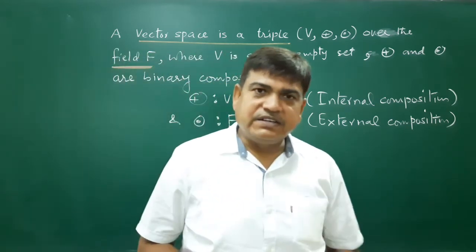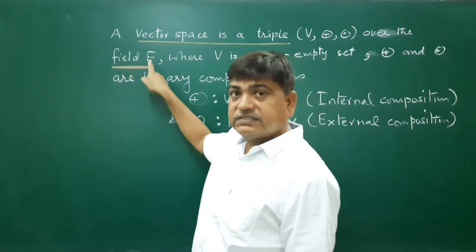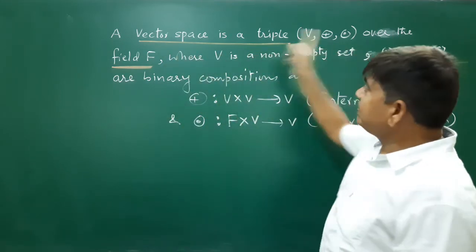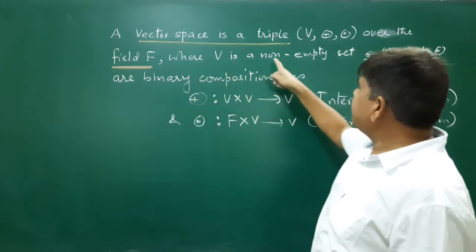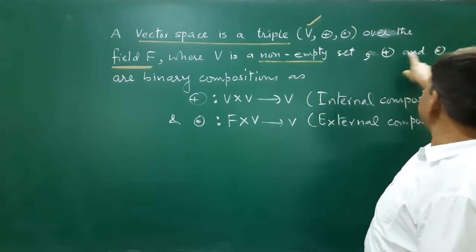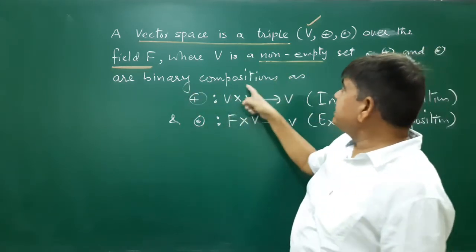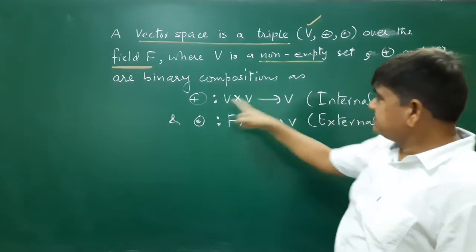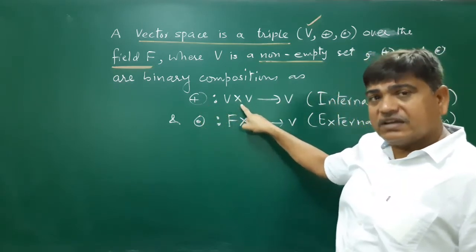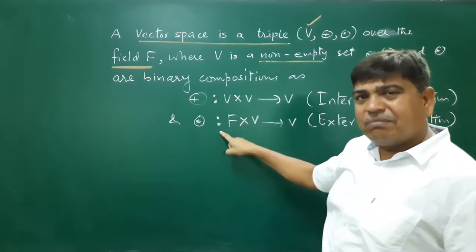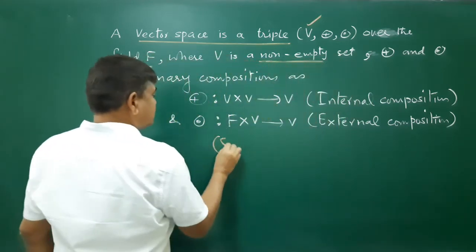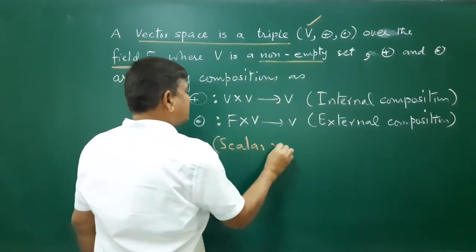We have already defined field. Okay, so a vector space is a triple over the field F where V is a non-empty set. This symbol and this symbol are binary compositions, as this one as well as this one. This is addition and this is multiplication, but it is not ordinary multiplication. This is scalar multiplication.